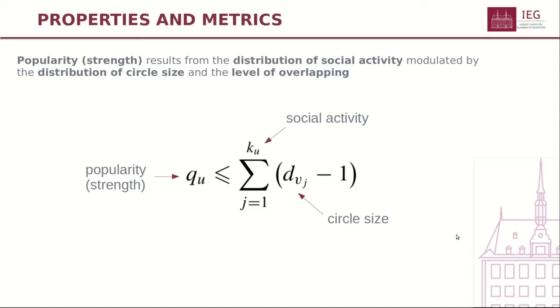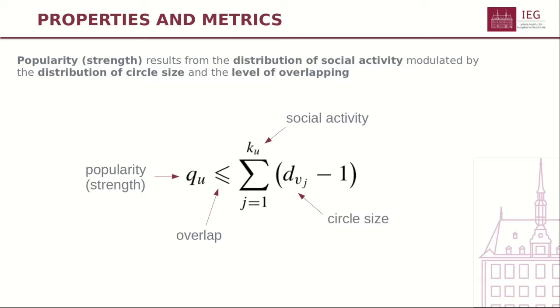So again, the popularity of an actor is the sum over all circles that this actor participates in, summing the sizes of those circles. Okay, and this inequality depends on the level of overlapping of that actor.